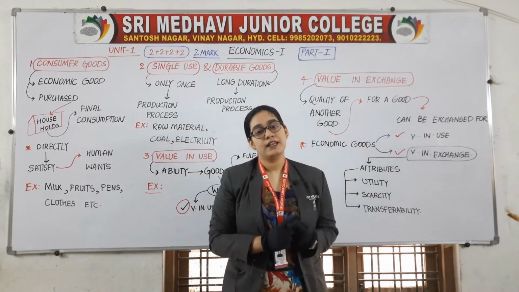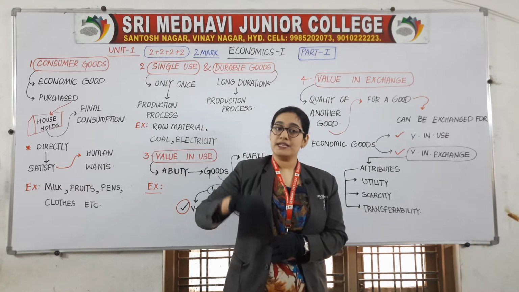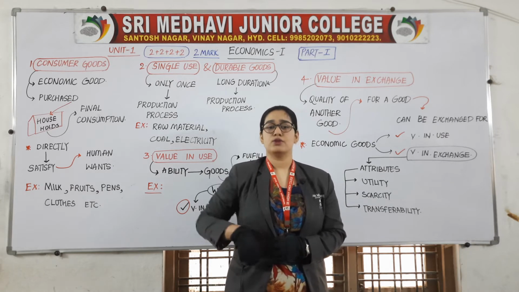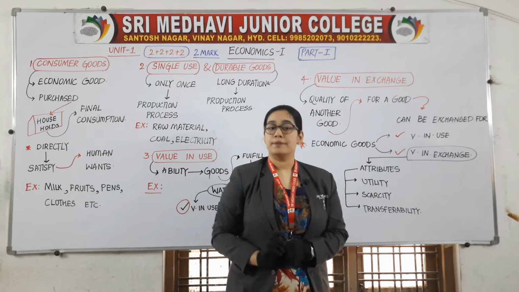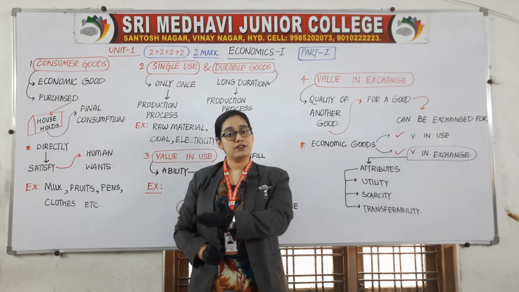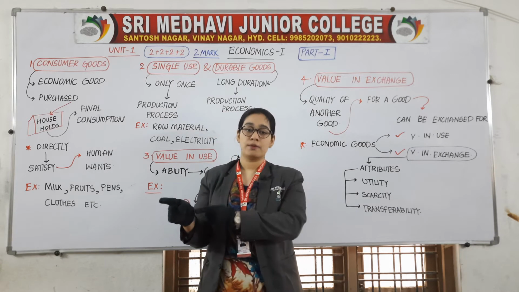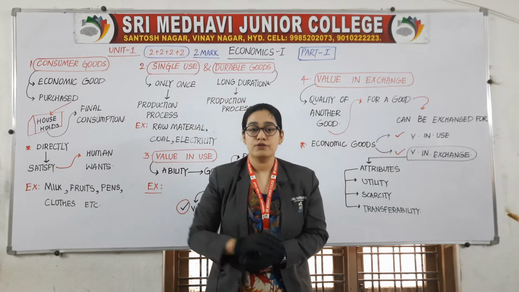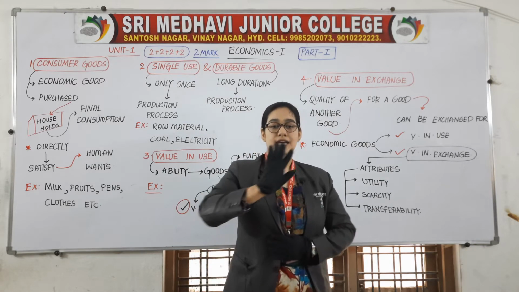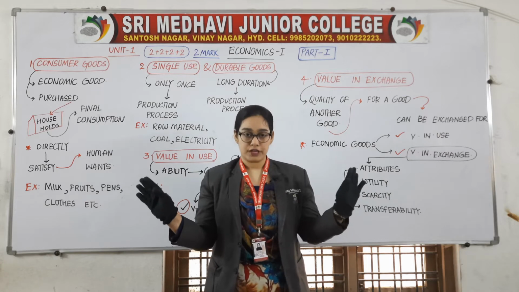For example, if you buy a pen from a stationery, you are going to pay some price because it is having some value, either a 5 rupees pen, 10 rupees pen, etc. So pen is an economic good. Whatever kind of good you are paying some money for is considered to be an economic good. That means you are not buying it free of cost.